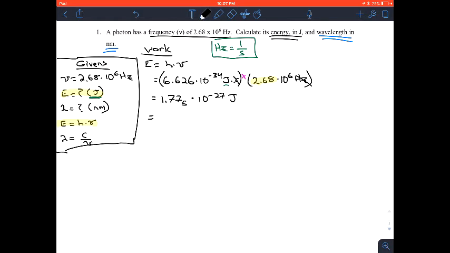So when we round it, we come up with about 1.78 times 10 to the negative 27th joules. So that's our final answer for energy. All right, so now energy is done. Now we can move on.